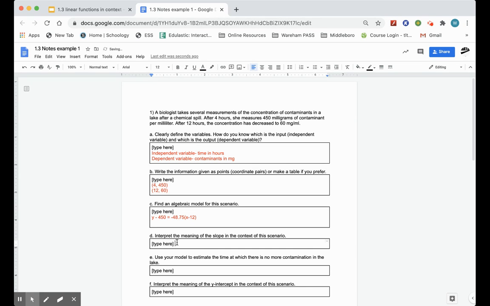And so the contaminant is decreasing 48.75 milligrams per milliliter every hour.